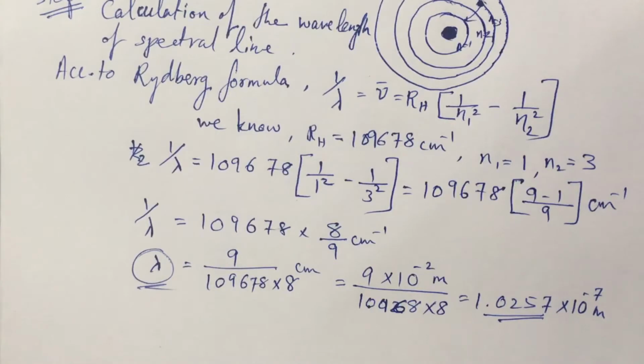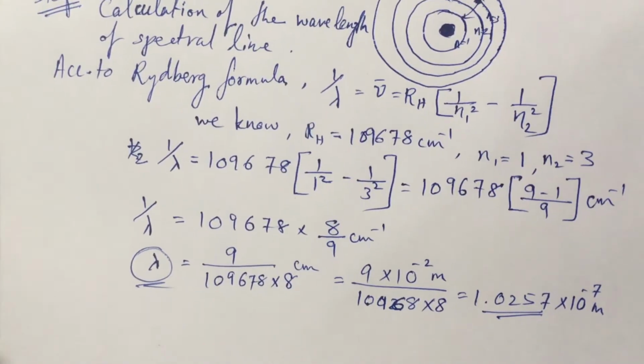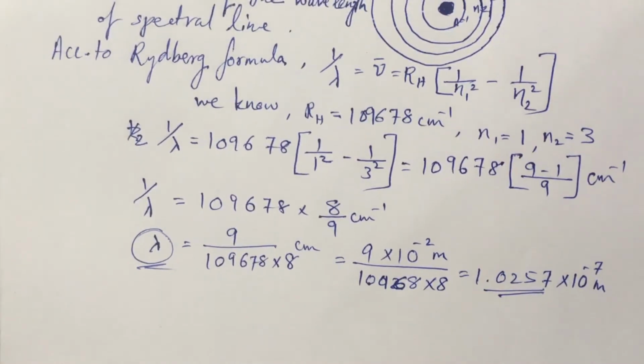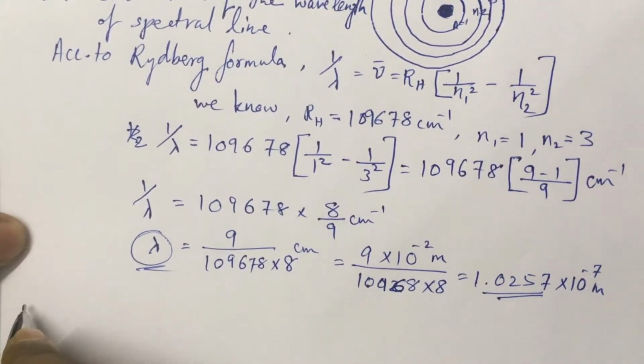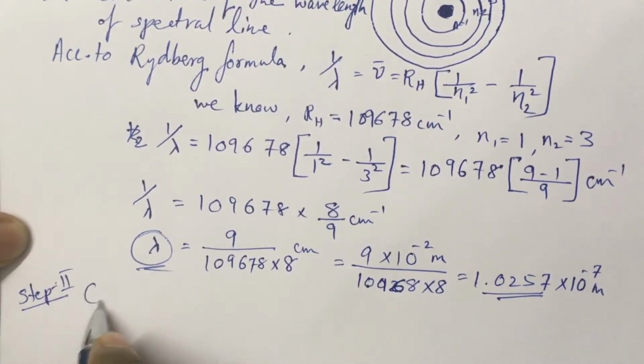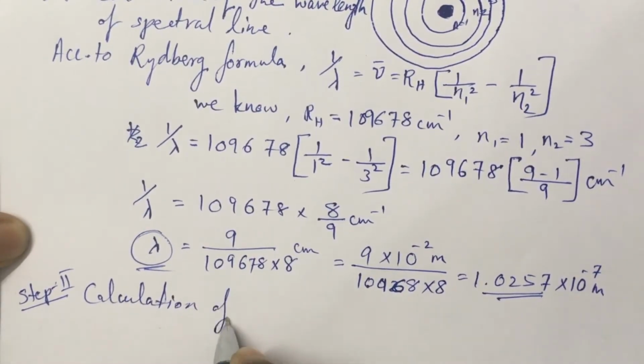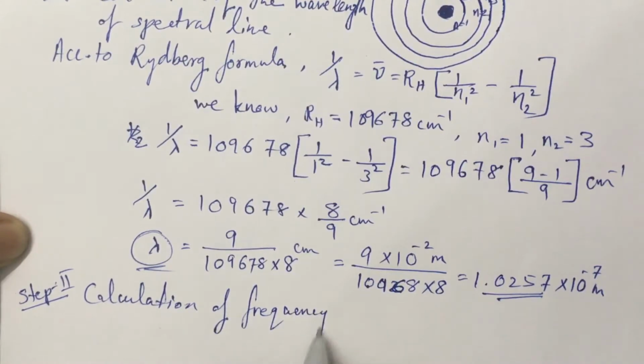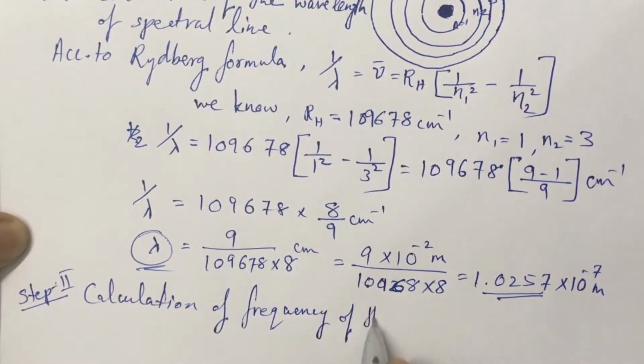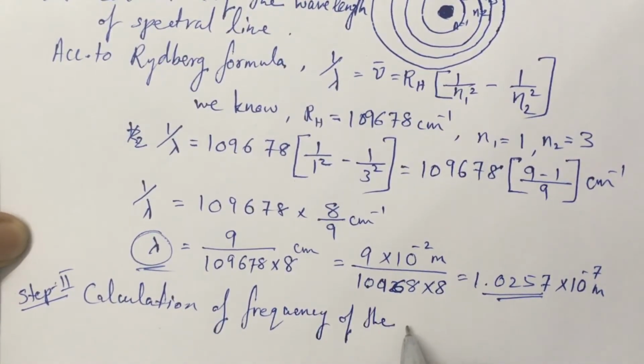Now what is asked is the frequency of the spectral line. So in the second step, step 2, we have the calculation of the frequency of the spectral line.